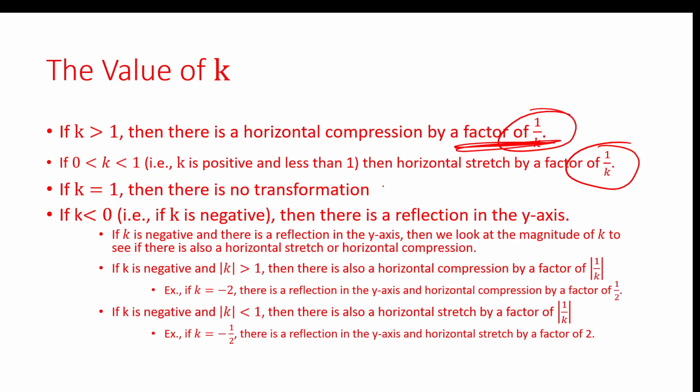If k equals 1, there's no transformation. If k is less than 0, in other words, k is negative, then we know there will be a reflection in the y-axis, and then we'll use the magnitude of k rather than k itself, and we'll go back up and state whether there's also a horizontal stretch or compression based on the first 3 bullet points.